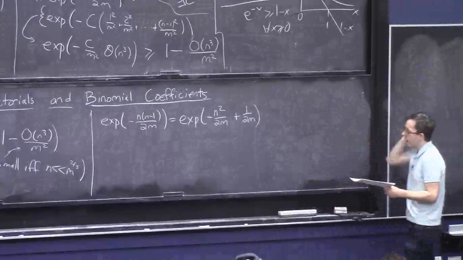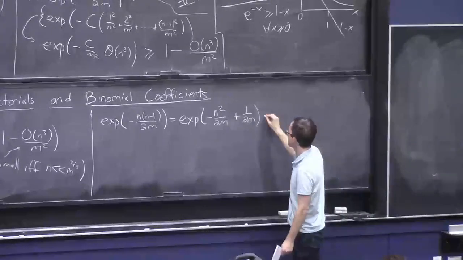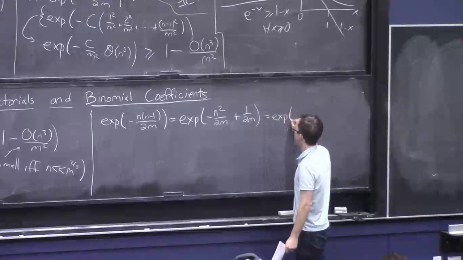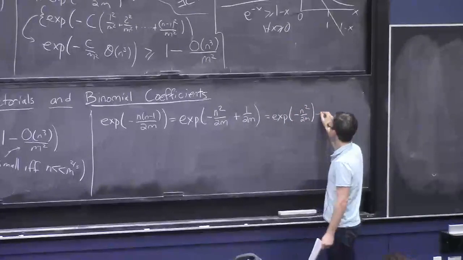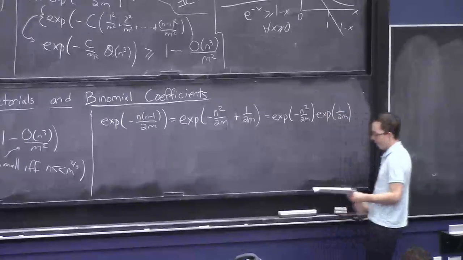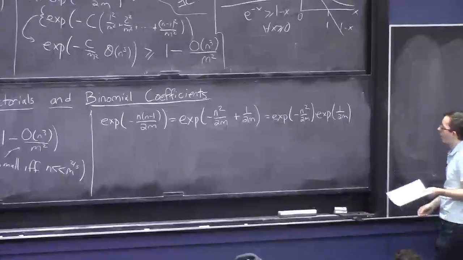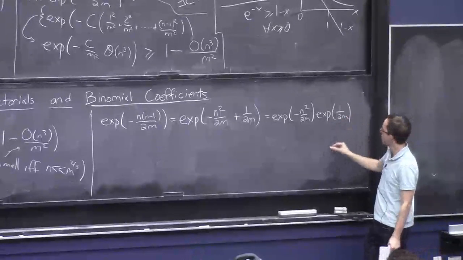We can use the rules of exponents to say this is the thing we care about, e to the minus n squared over 2m, times exp of n over 2m. And let's use our favorite approximation about this thing, too, because n over 2m is a small number.